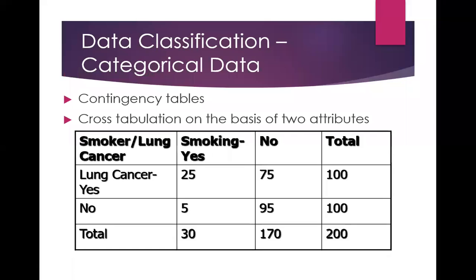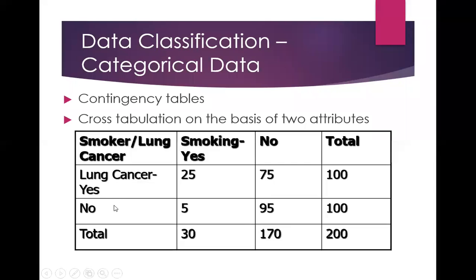Then there is a special situation when there are two attributes, so each individual in your study has both attributes. For example, one is smoking, the other is lung cancer. Each observation will have one of the options of smoking, whether the individual smokes or does not smoke.